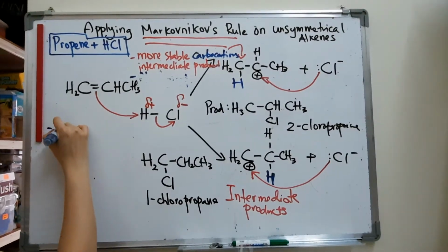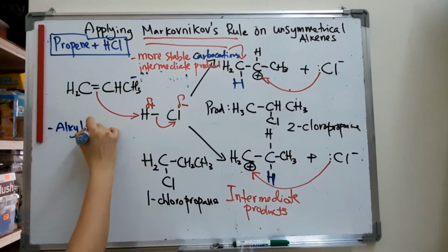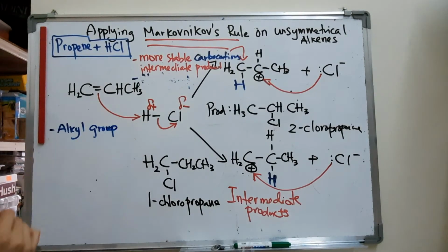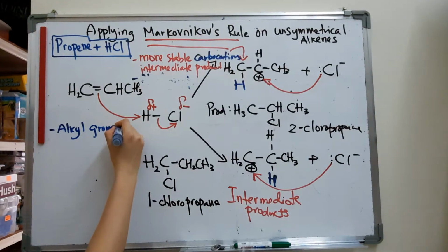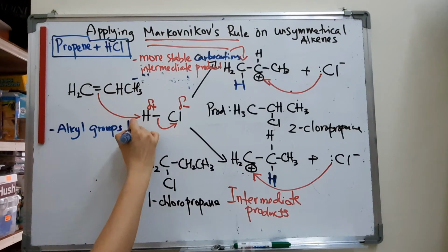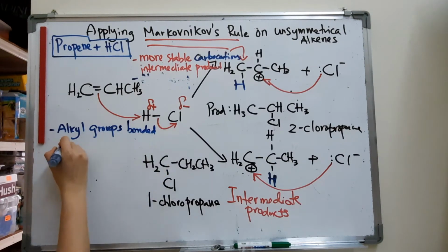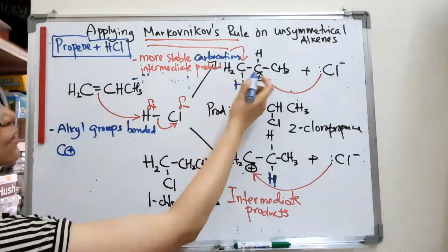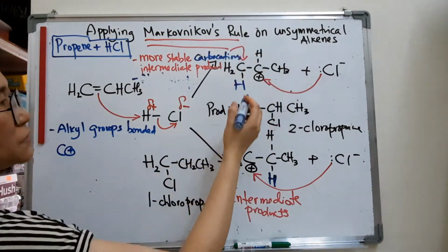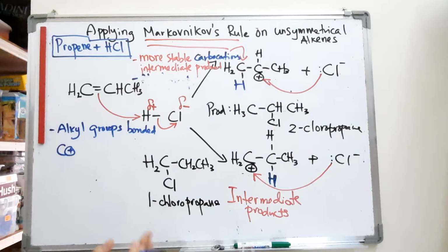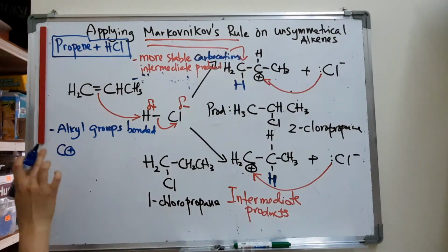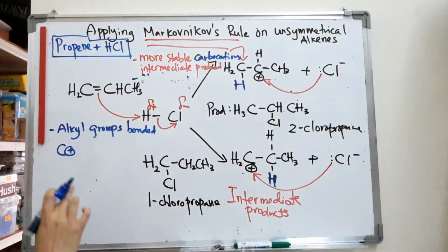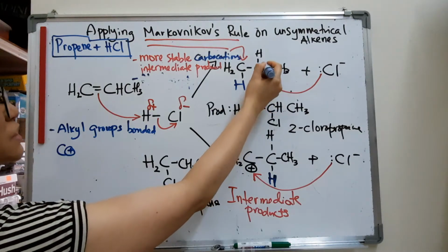Now it says alkyl group that are bonded to the C+, not just any alkyl group. Those alkyl groups that are found at the other side don't matter, but it is the alkyl groups bonded with the C+, that means this C.